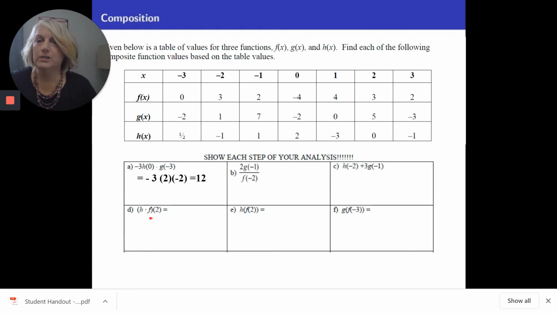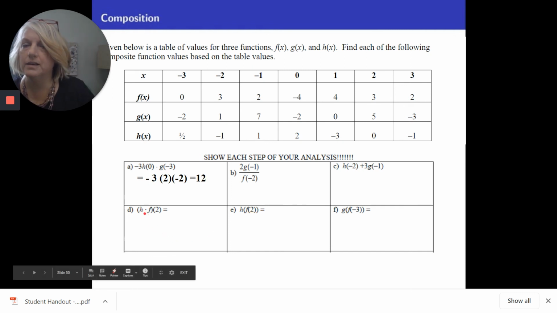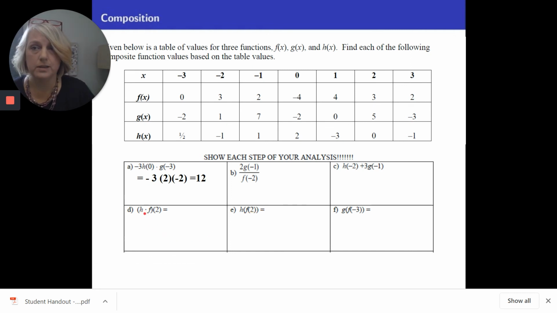Let's look at the difference between D and E. I'm not going to do all of these, I'm just showing you a couple of examples. Here, do you see how that has a closed circle? That's a times, that's not composition. So this really means take h of 2, so here's h, here's 2, so h of 2 is 0, times f of 2, and f of 2 is 3.